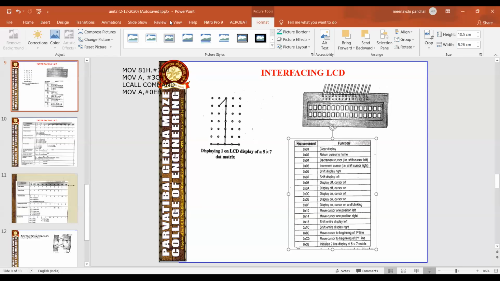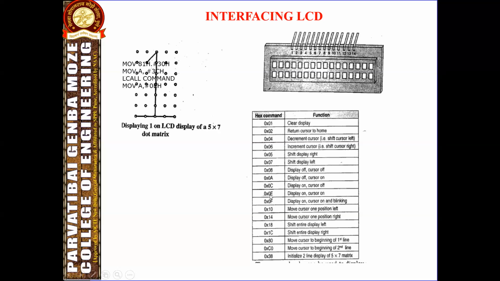See here in this table, 0E is the code used for display on and cursor on. So we are passing this code into our accumulator in our program to make the cursor on.